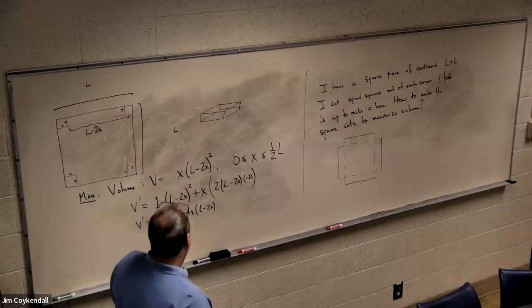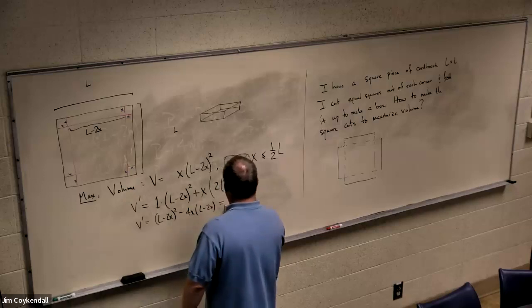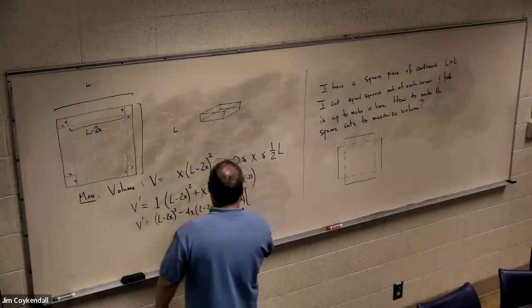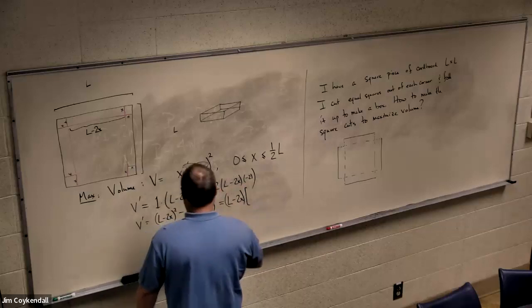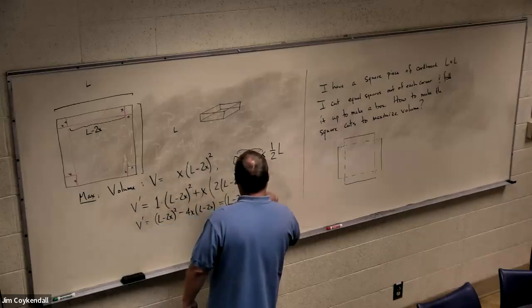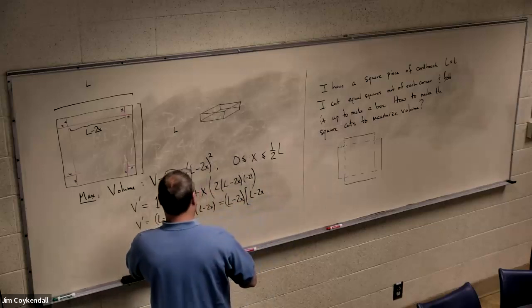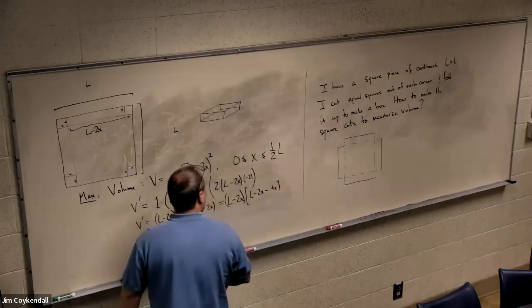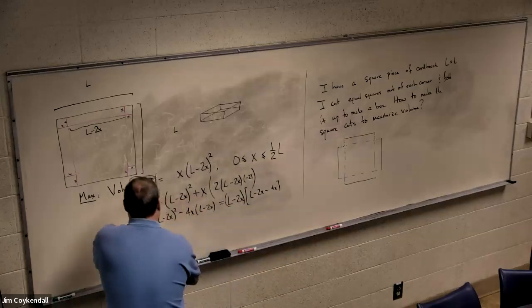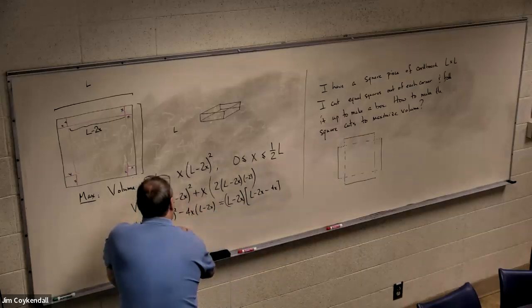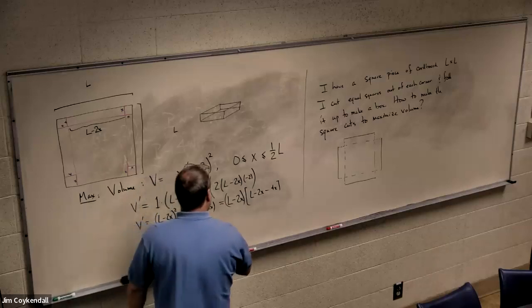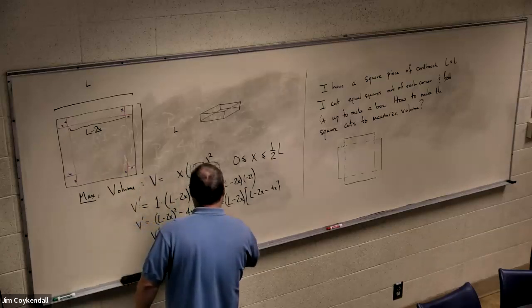And when we do one more here, I've got a factor of L minus 2x in both things. This is L minus 2x, so it's left over 4x. So I get V prime equals L minus 2x times L minus 6x.